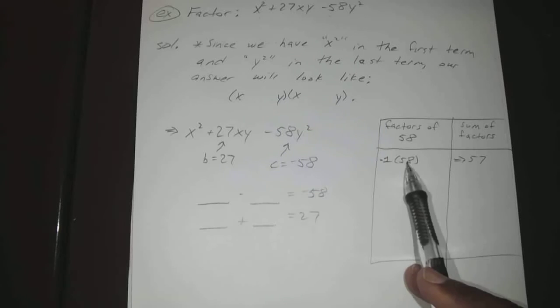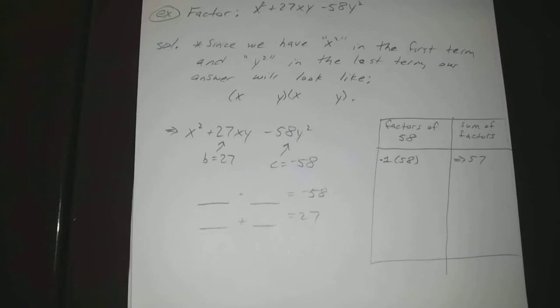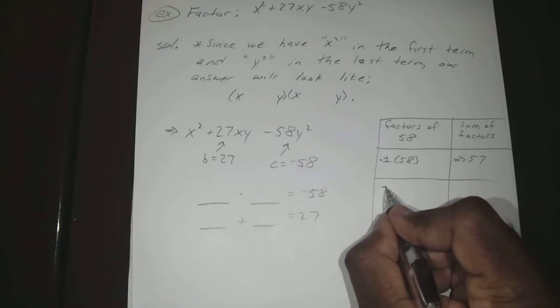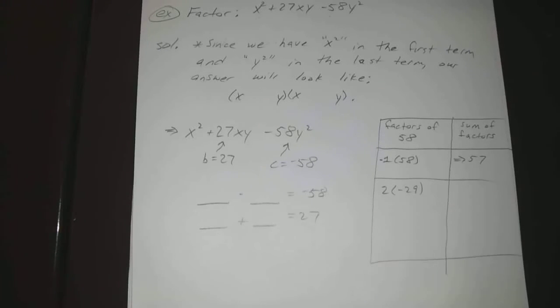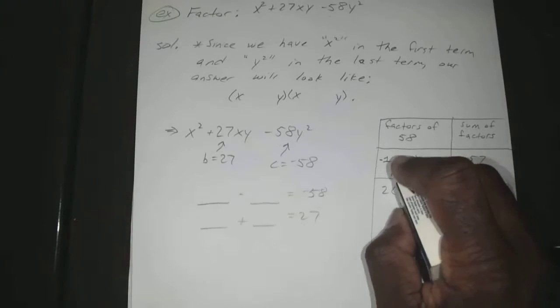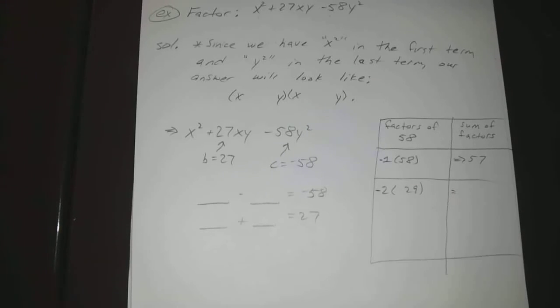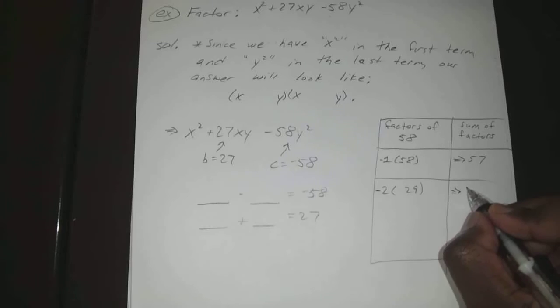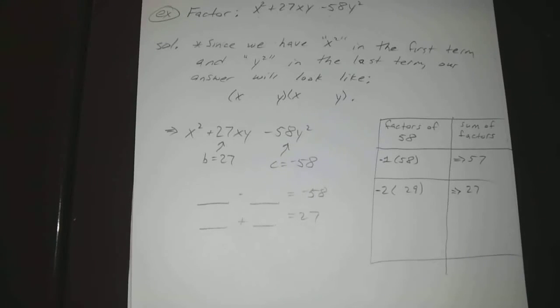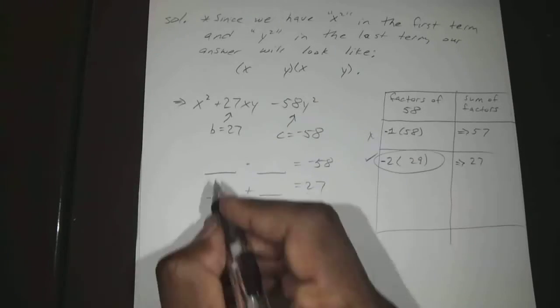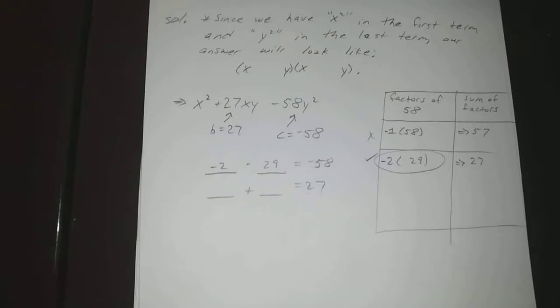If we tried 1 and negative 58, it would be negative 57, so we don't have to worry about that one since we're looking for a positive. Okay, so what about 2 and 29? You have 2 and negative 29, where if you add, well, it should have been the other way around. So negative 2 and positive 29, where if you add them together, you end up with positive 27. Okay, so this is the one we're going to use: negative 2 and 29.